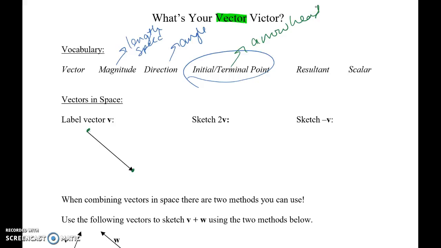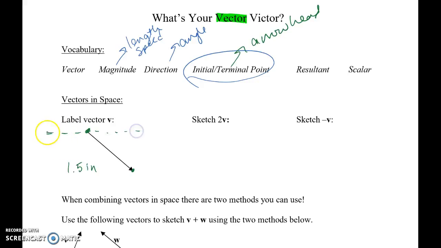Now, if I wanted to talk magnitude and direction of this, I would actually grab a protractor and a ruler. And that's what I would do. I would measure how long it is, which this looks to be maybe 1.5 inches long. I don't know because I don't have a protractor. But if I wanted to measure it, I always measure from the initial. Okay, so if you want the direction, you need the initial point and you need a horizontal.